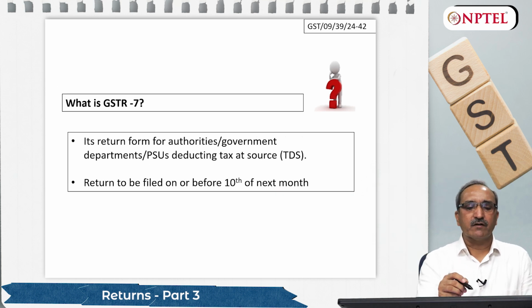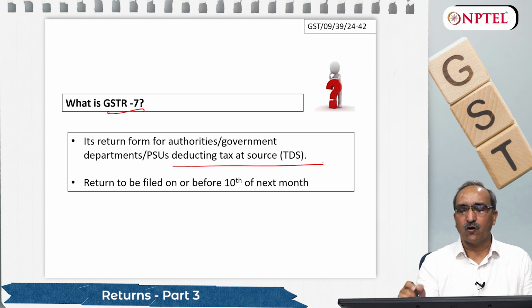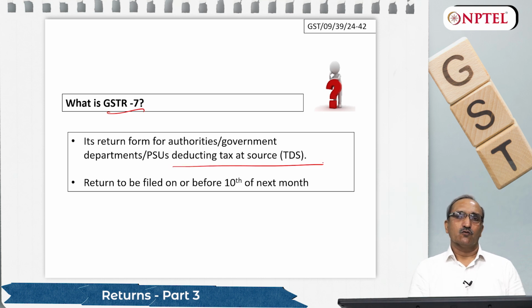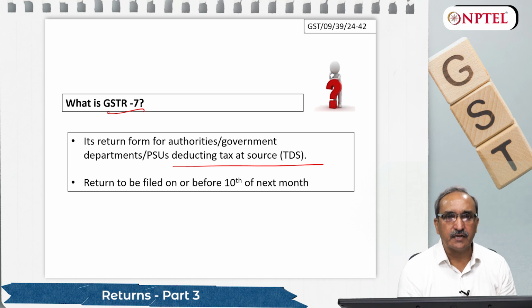So GSTR 7 is to be filed by government agencies that are deducting TDS. Because I told you that TDS will be a benefit available to the person from whose payment the TDS is deducted, and they will claim it in their cash ledger.